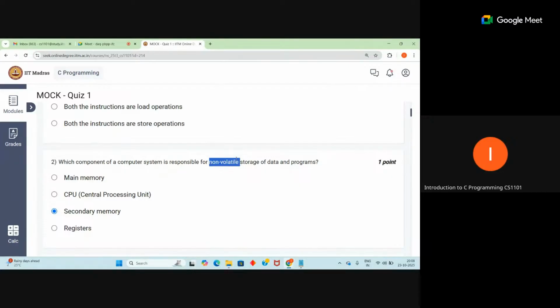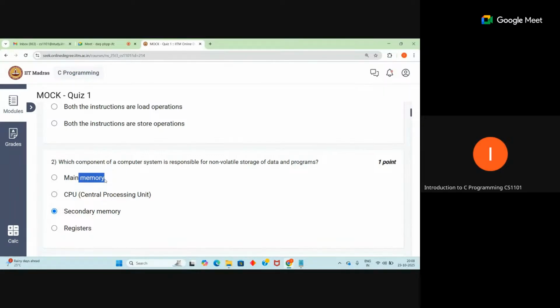Okay. So if you take a main memory, how long will it retain the data? Till you terminate your program execution. Once we start the execution of the program, the data related to that program will be there in the main memory. Then only can you execute.